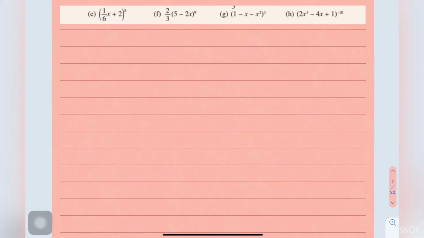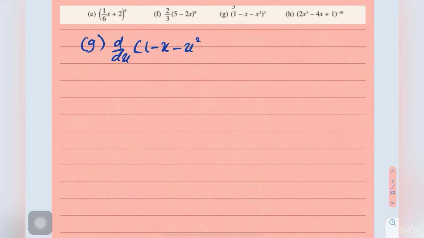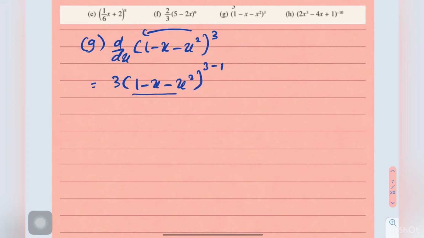Then G, differentiate (1 minus x squared) cubed. Okay. 3 (1 minus x squared) to the power of 3 minus 1. Okay, differentiate: negative x is negative 1 minus 2x.